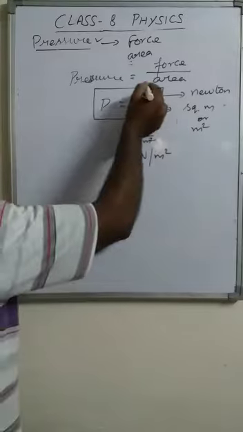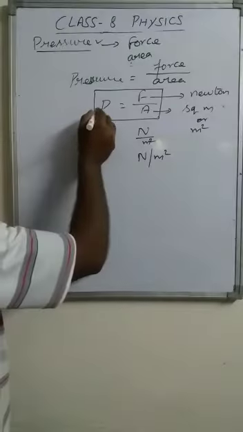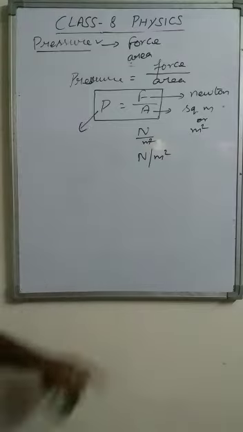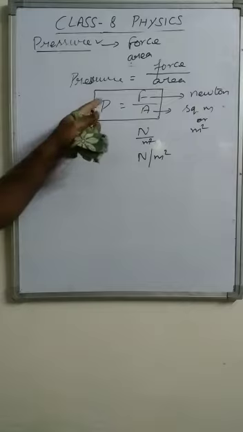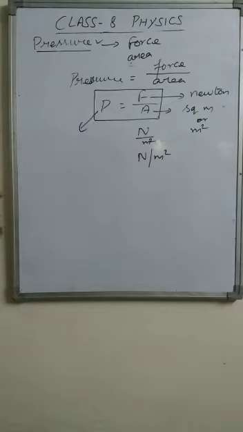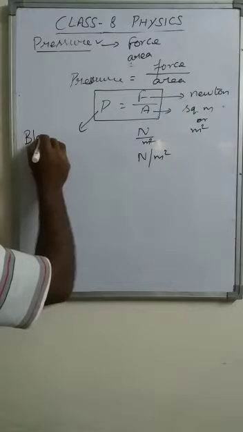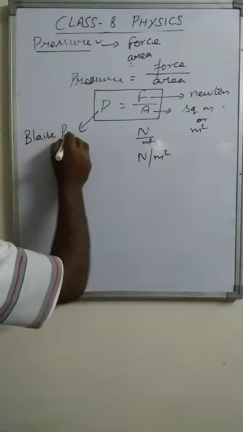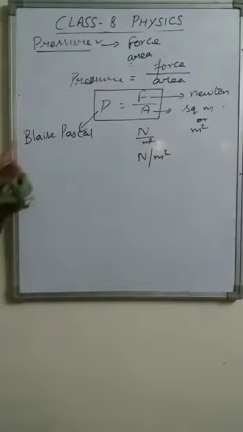This is the unit of pressure, but for pressure separately a unit is given, because this pressure term was discovered by a scientist, Blaise Pascal. It is the name of the scientist.